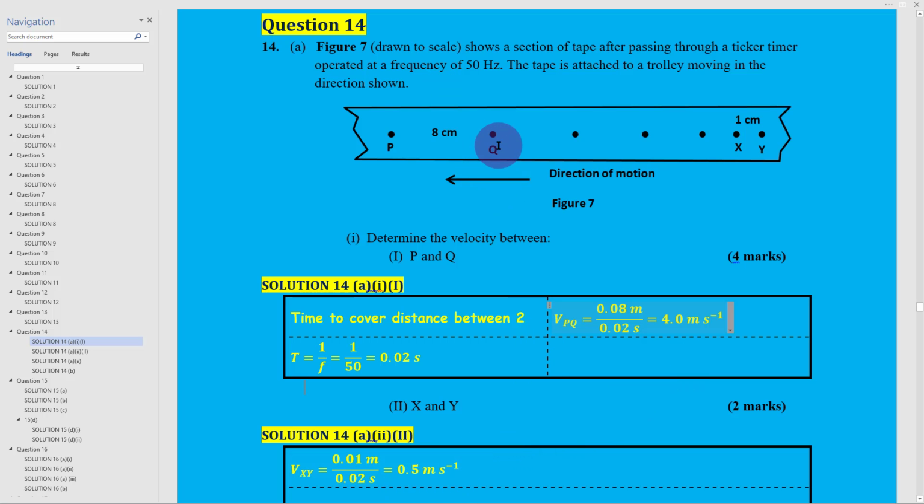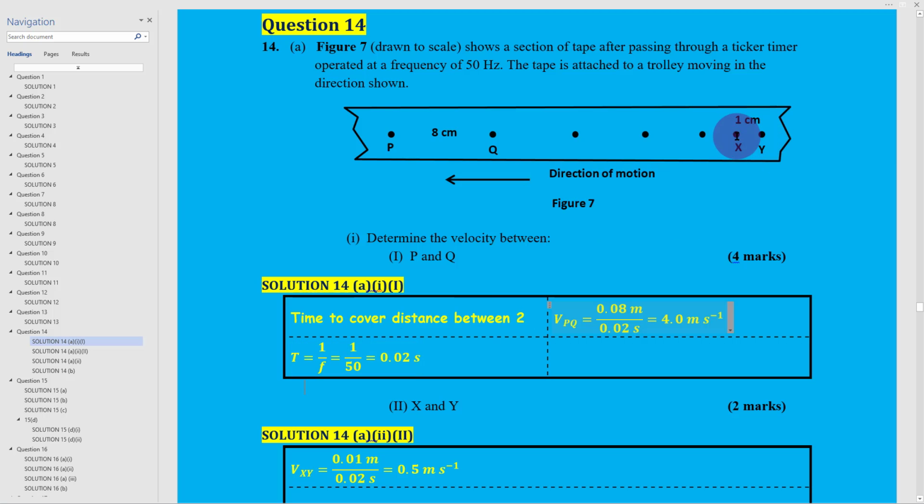And that time is usually given by this. So you count the number of complete spaces between the dots, 1, 2, 3, 4. And then when you come to this one, you are going to go into half of that distance, and then into half of this distance, and the time here will be half of this, which is 0.01, and the time from here to the middle here will be again half of this.